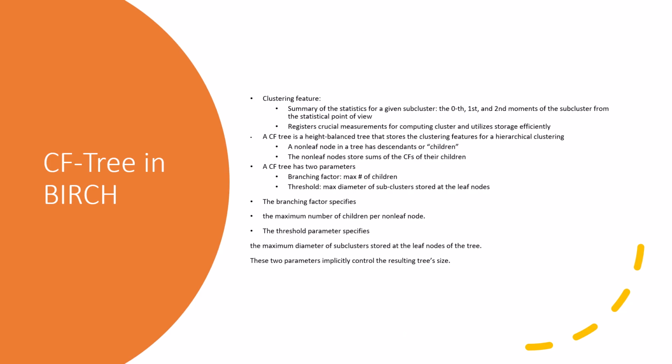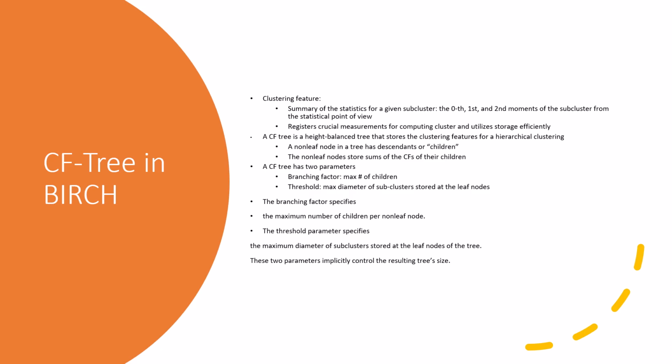A CF tree is a height-balanced tree that stores the clustering features for hierarchical clustering. By definition, a non-leaf node in a tree has descendants or children. The non-leaf nodes store sums of the clustering features of their children, and thus summarize clustering information about their children.